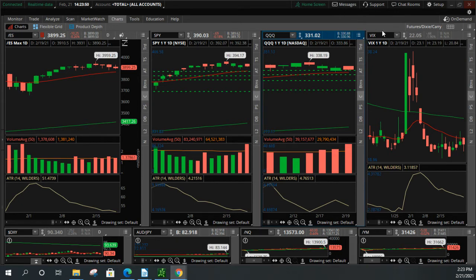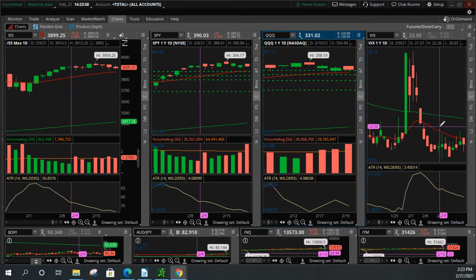And then last but not least is the VIX, once again, that fear index, or the volatility index. You want to look at this because it really tells me if there's fear in the market or if there's not any fear in the market. And it works inversely to the stock sectors.